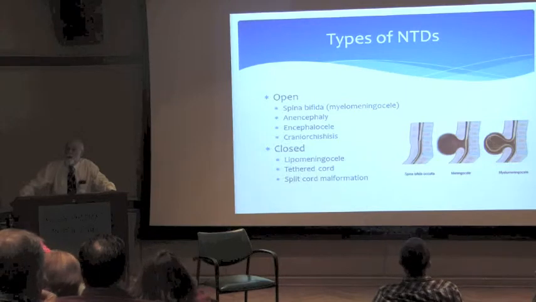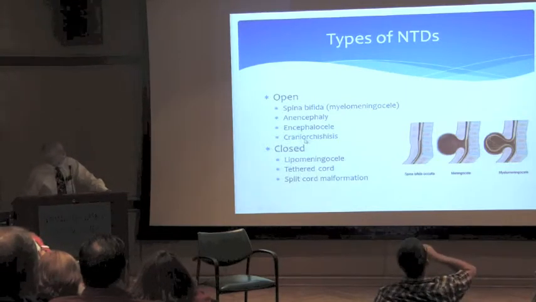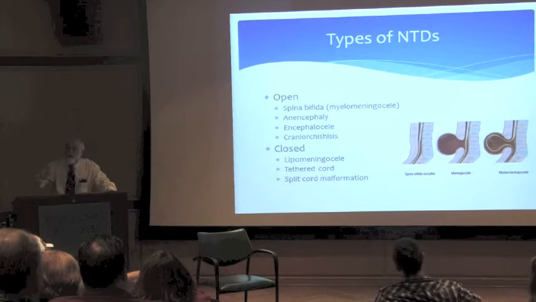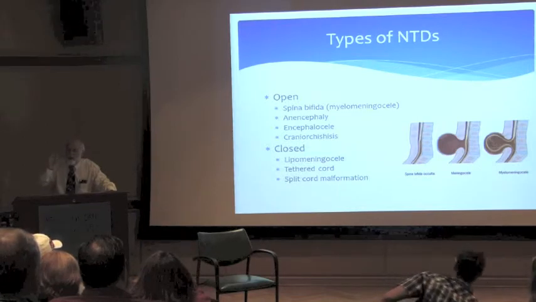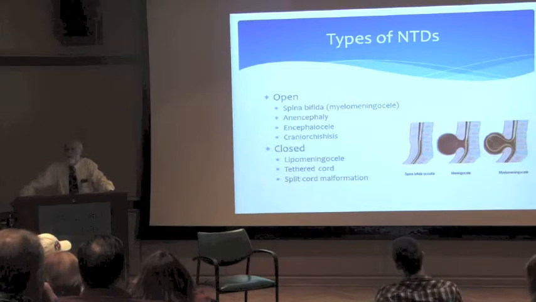Now, most of the time, the most complex defect, craniorachischisis, is where there is an opening of the entire spine, but sometimes in that complex change, you can have multiple areas of closure.